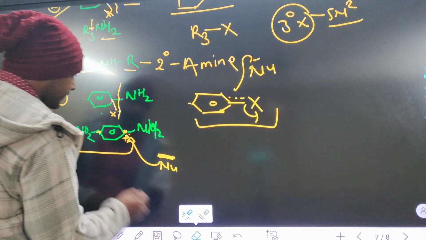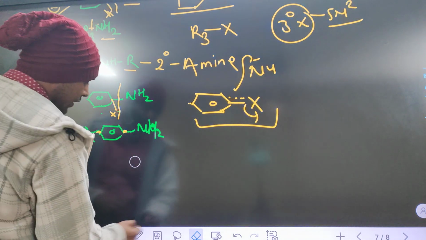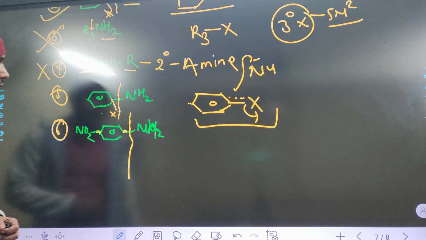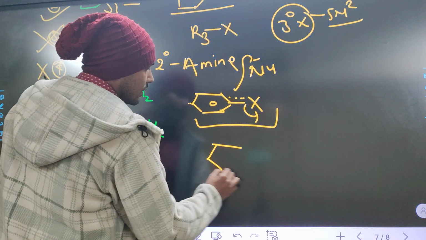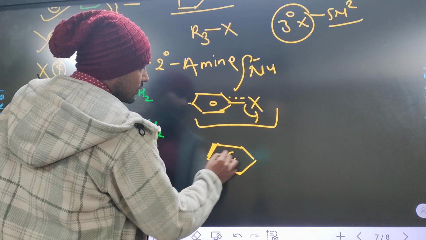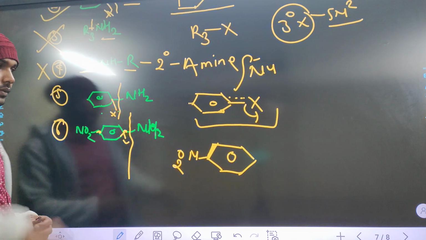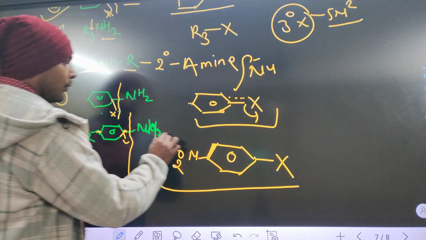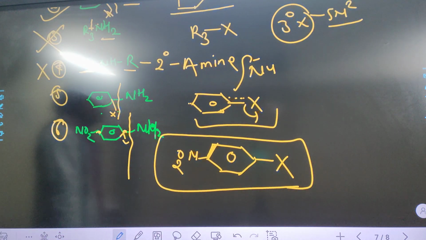So here, in order to check whether it will form or not, first I will break this bond and attach X here. So I am making the structure here. See this, an electron withdrawing group is attached here. So nucleophilic attack is possible, and this type of X we should have for the preparation of this type of amine.